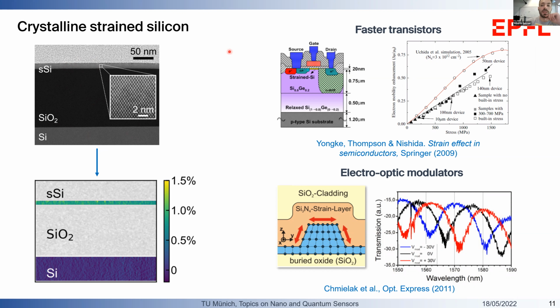This wafer stack was of very large commercial impact and interest because it was widely used in microelectronics, because the stress induced deformation of the crystalline lattice of silicon allows to engineer the carrier mobility of electrons and holes.